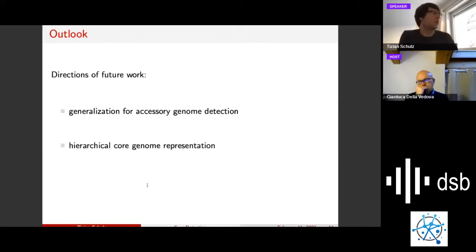What might also be possible is, if we use a range of delta values for our core detection, we might be able to find something like a hierarchical core genome representation. This is an idea that Sibylla also follows. Last but not least, once we have found the core genome, we could also think about generating something like a reference core genome of a pangenome.